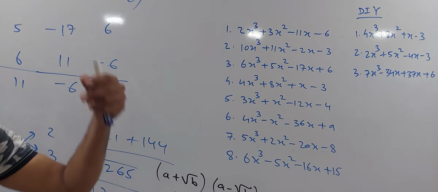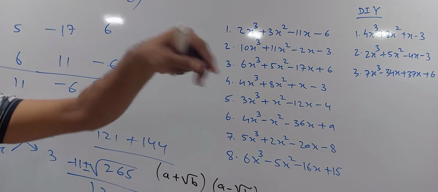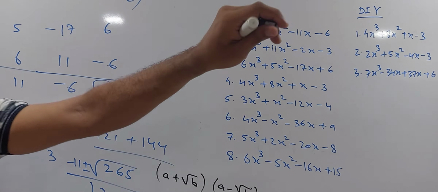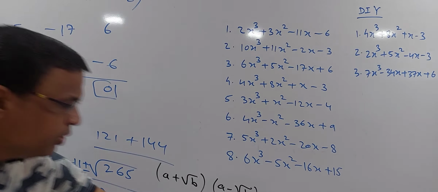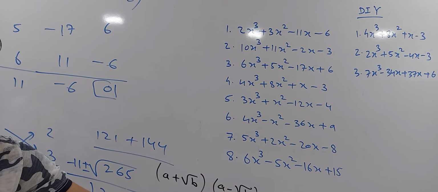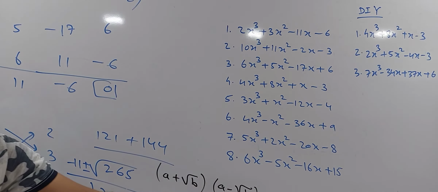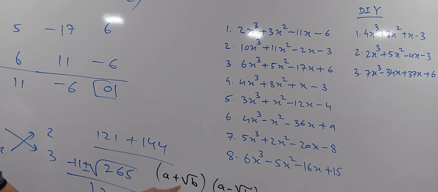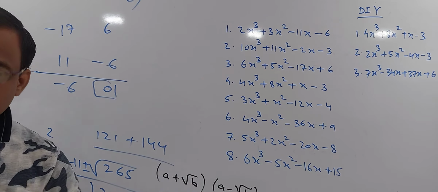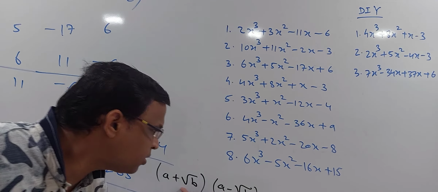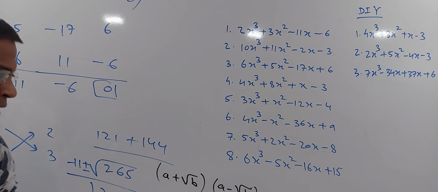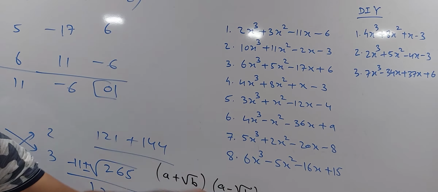When I say 3 positive roots maximum, it could be 1 positive root and 2 imaginary roots, and I will let you know about the 2 imaginary roots also. So irrational roots are always in pairs, we call it a conjugate pair. Suppose one root is a plus root b, another will be a minus root b, for the valid reason that when I multiply the two, I will get a rational number, that is a square minus b.